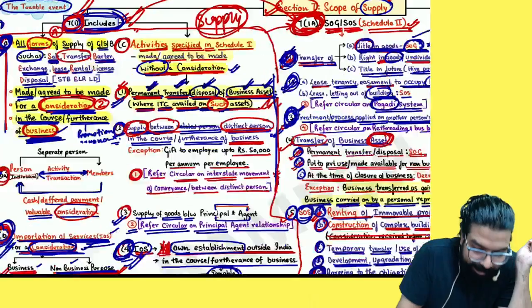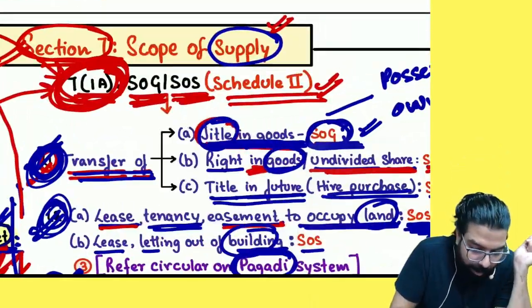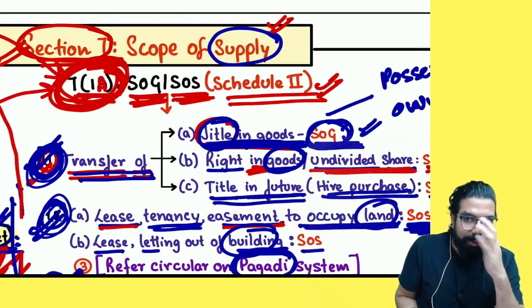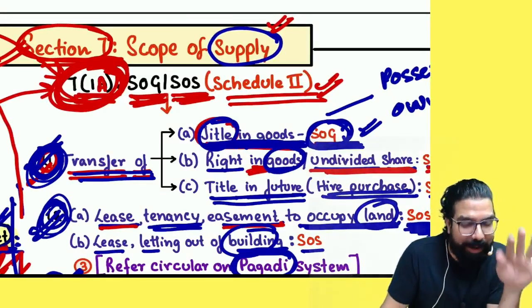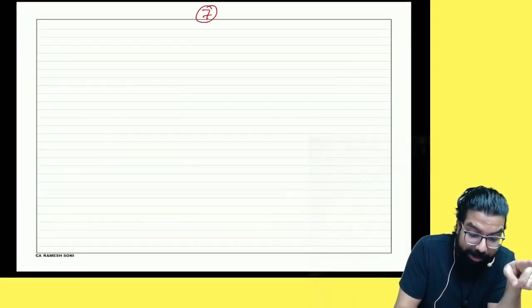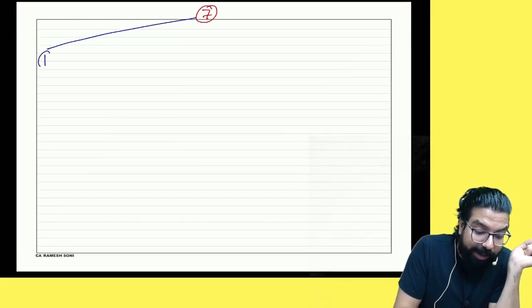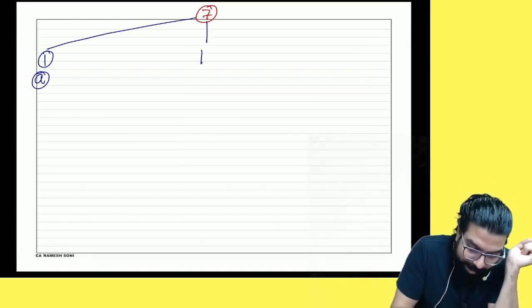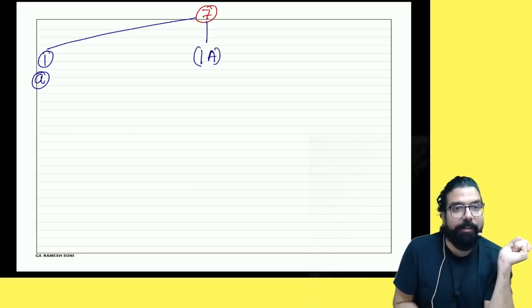71A, small a. This is 71 big A. You understood? What he is asking is now understood. He told, sir, section number 71A and 71A, what is the difference?